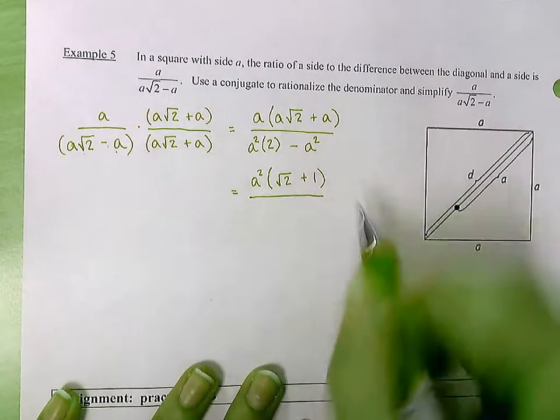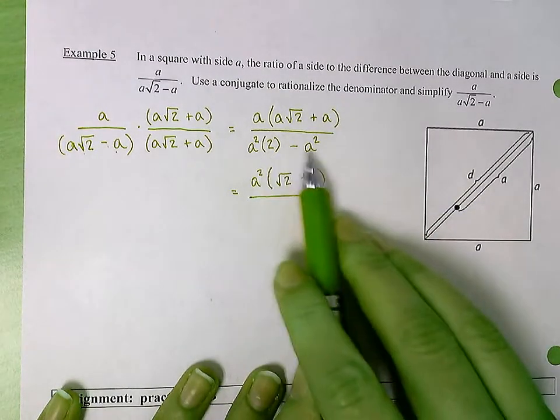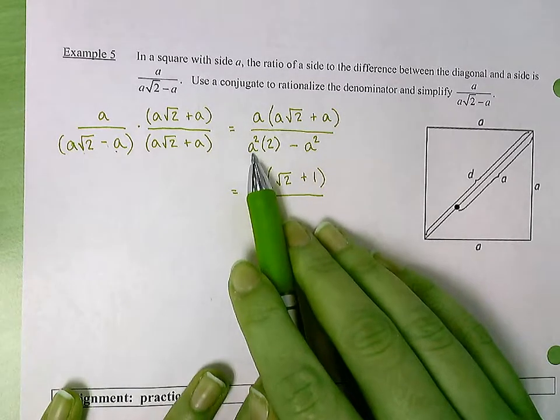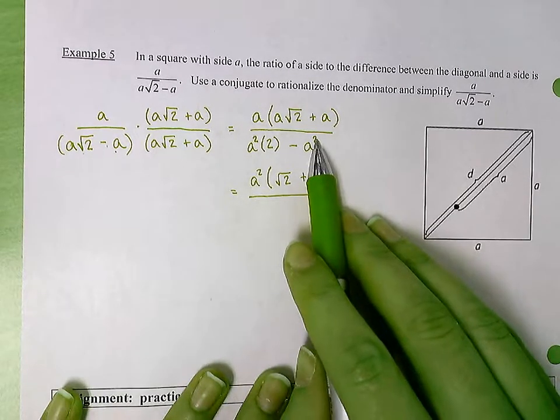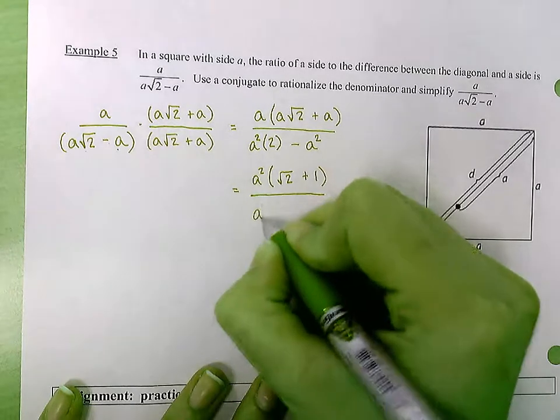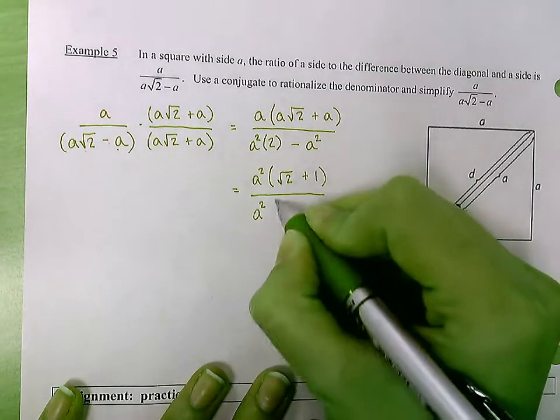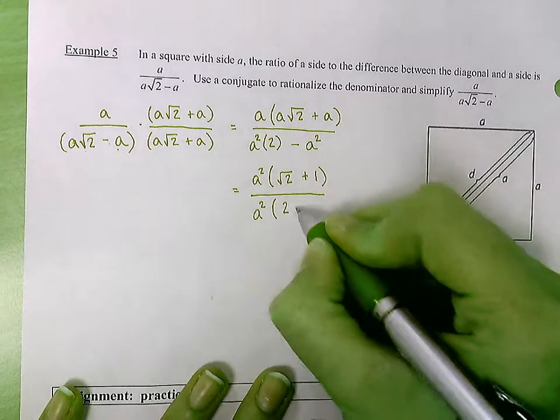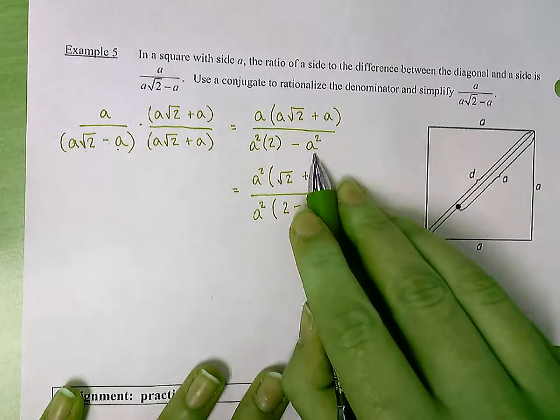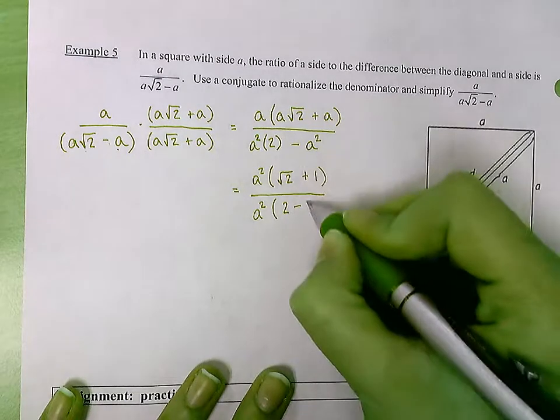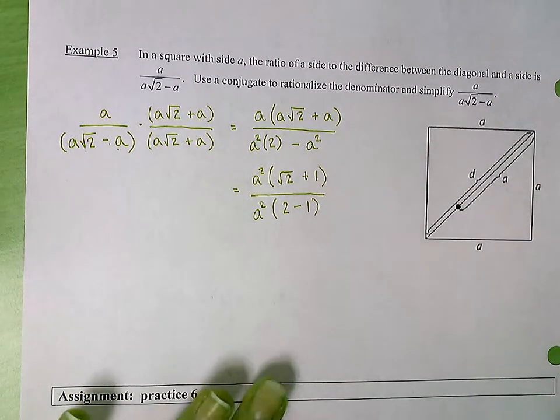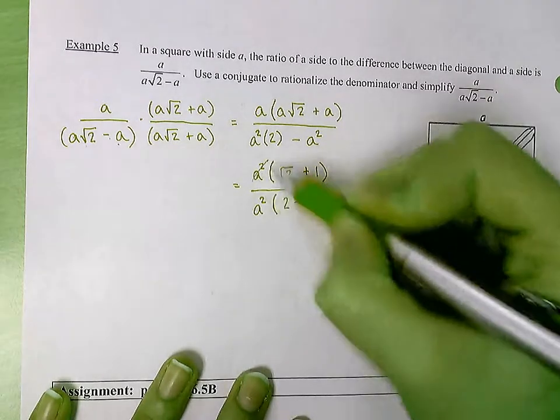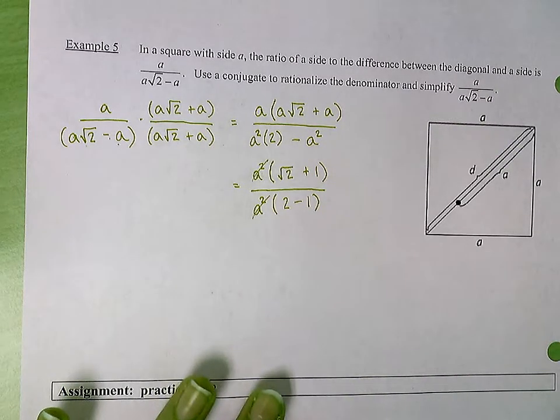In the denominator, what do both of these terms have in common? Some A's and some 2's. A squared, right? So I can take out an A squared. And then I'm left with 2 minus, if I took out the A squared, I'm left with 1. Now I did this because I know that these will cancel out now because I have A squared over A squared.